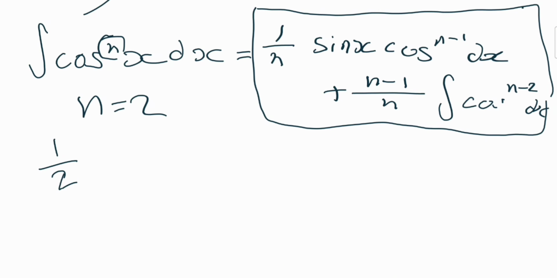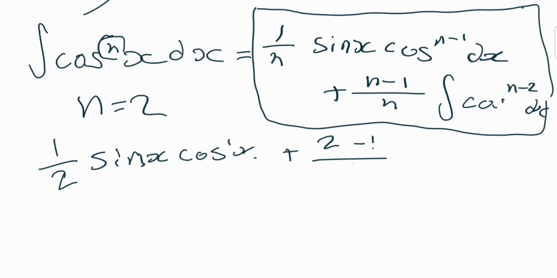So this is equal to 1 over 2 sine of x multiplied by cosine to the 1, because 2 minus 1 is 1, plus n, or in this case 2, minus 1 over 2 integral of cosine to the 0 x dx.